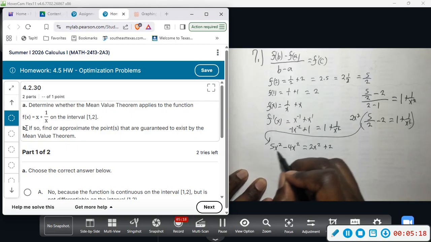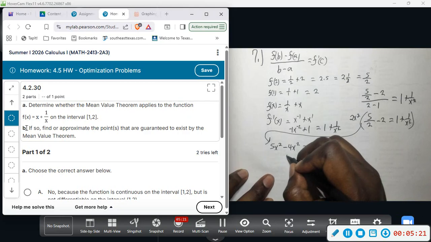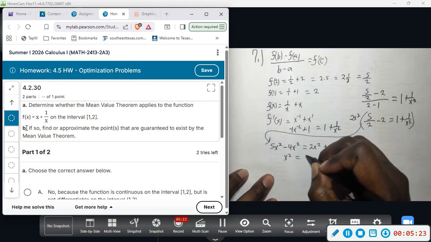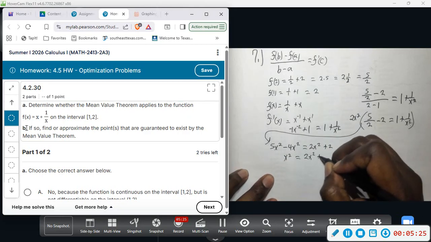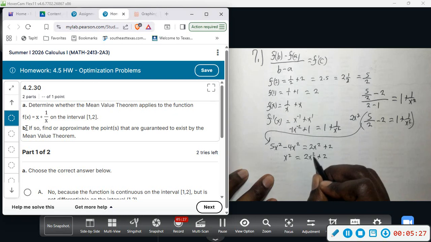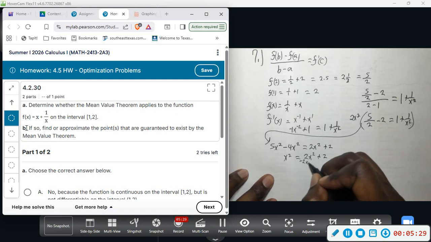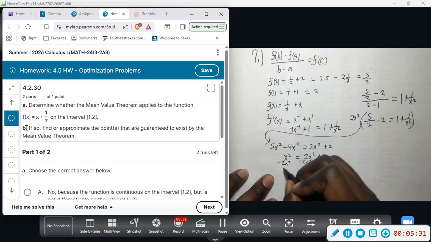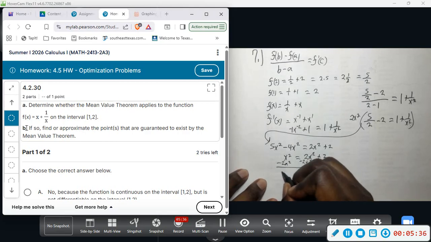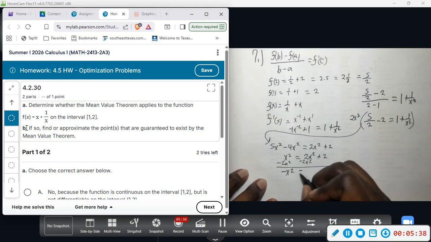All right, so combine 5 minus 4 will just leave me with x squared. We can subtract 2x squared. That will zero out. 1 minus 2 will give me a negative x squared equals 2.